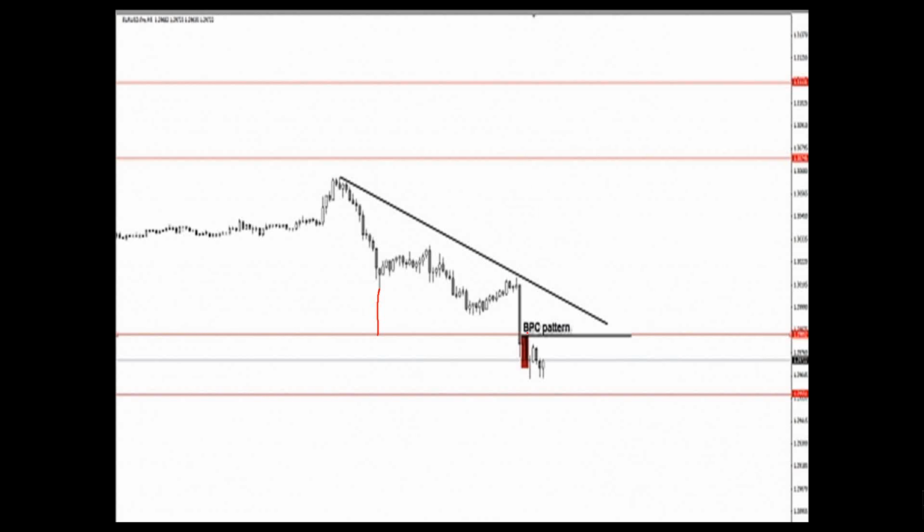So this is, as you can see, breakout, pullback, and continuation was at the break of this point. So breakout, pullback, and continuation. See the continuation. This is 1 hour time frame. So you can also scalp it, 10, 15, 20 pips. It's good.